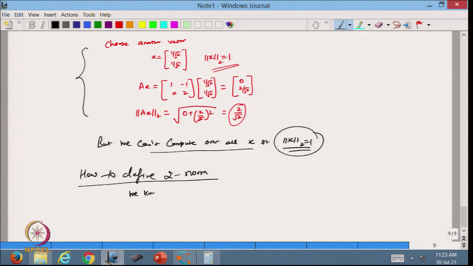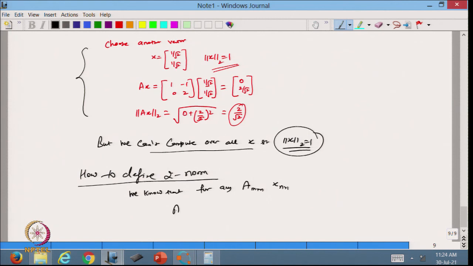We know that for any matrix A, suppose it is m cross n, and x is n cross 1.